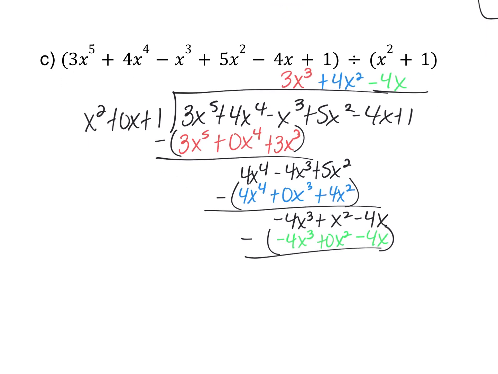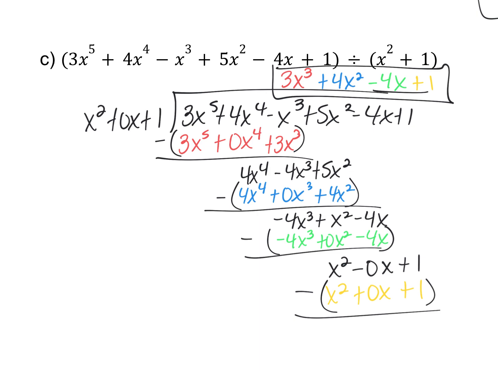So we have 0x squared, because remember we're doing minus negative 4x, so that's 0x plus 1. X squared times what gives you x squared? That's positive 1. Multiply it back. Looky there, no remainder. So this right here is your answer.